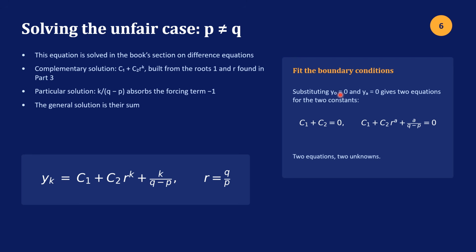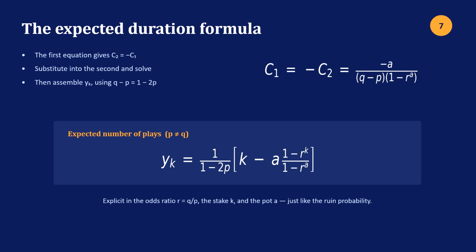If you plug those into this equation, you're going to get C sub 1 plus C sub 2 equals 0, and then this more complicated expression here. So we have two equations and two unknowns, which we can solve. I'll show you that on the next slide. The first equation gives us C sub 2 equals minus C sub 1.